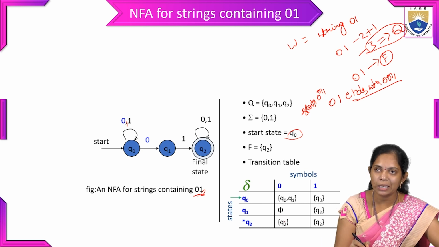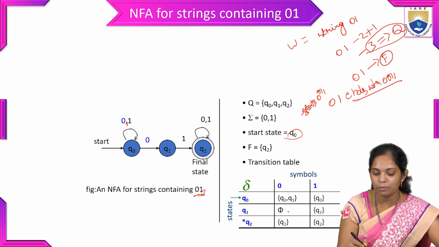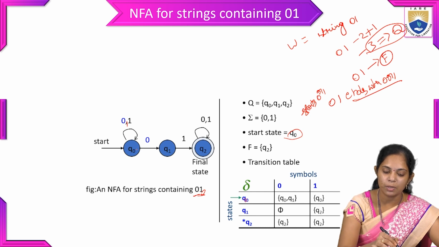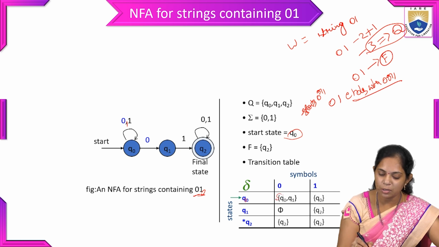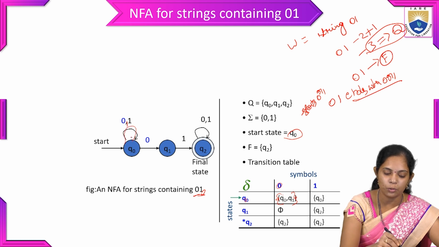For the transition table, we list the three states against every input symbol. From q0 on input 0, it goes to q0 as well as q1, so it is a subset. On input 1, it reaches only q0.